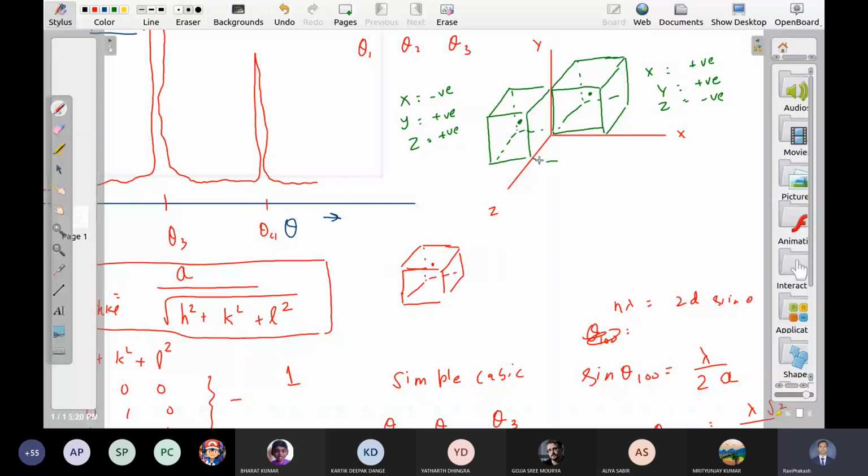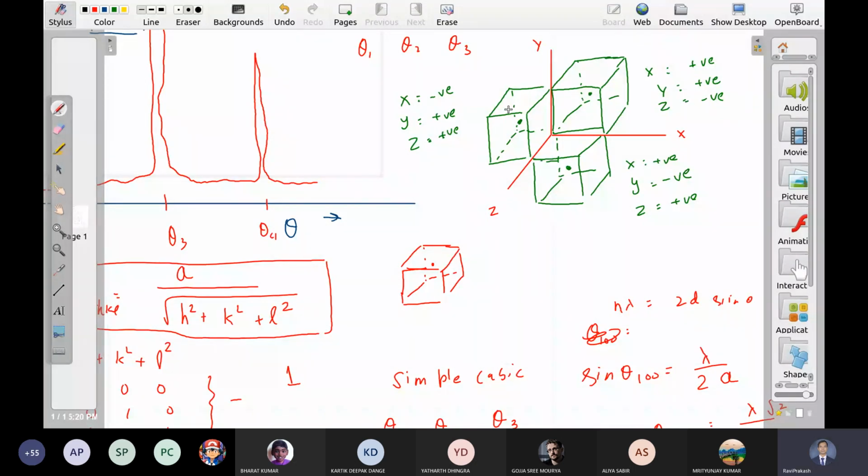Let me draw one unit cell in this region. What is this region? X is positive here, Y is negative, Z is positive. This is the corresponding body centered point. The primitive unit cell of BCC is this.